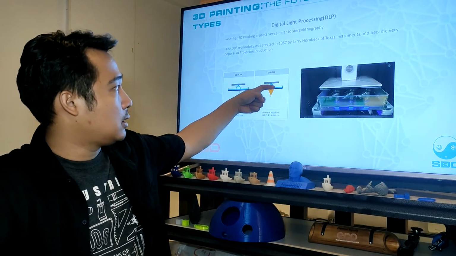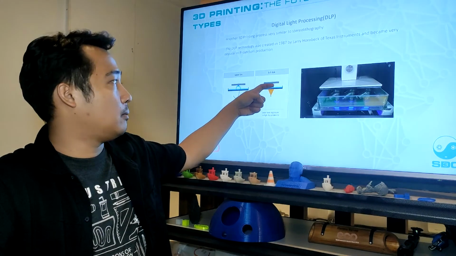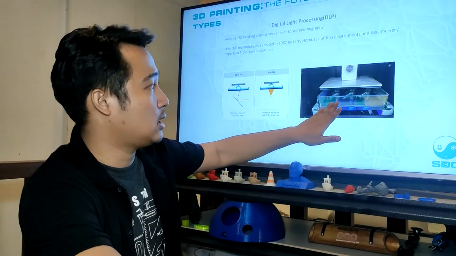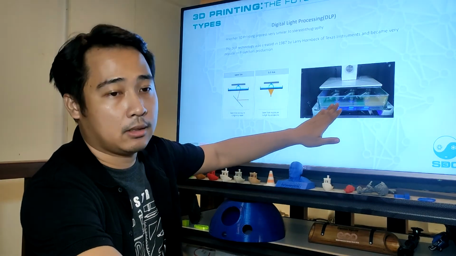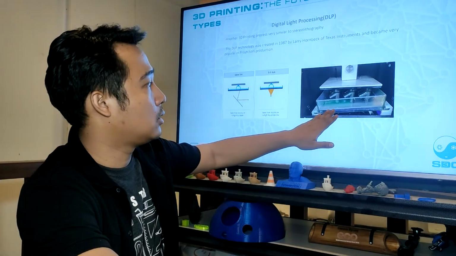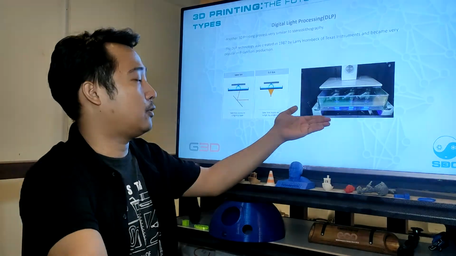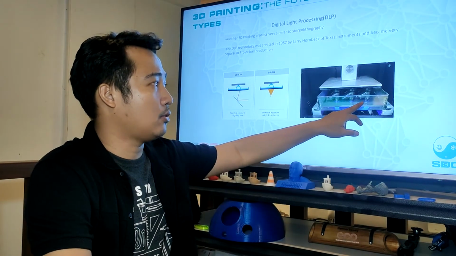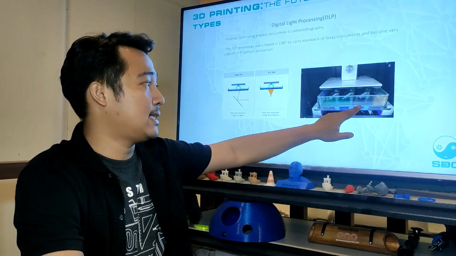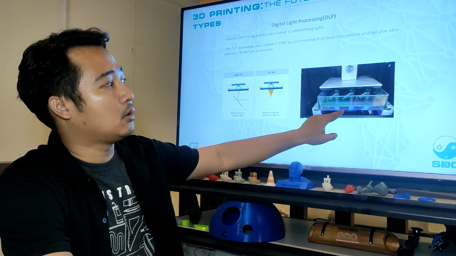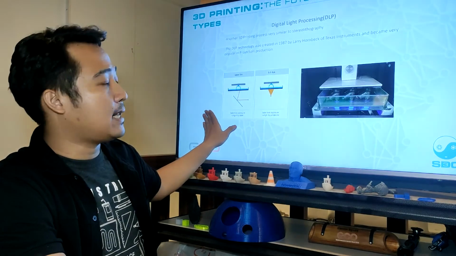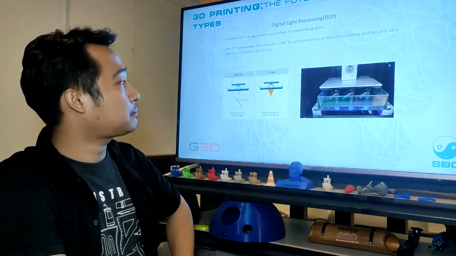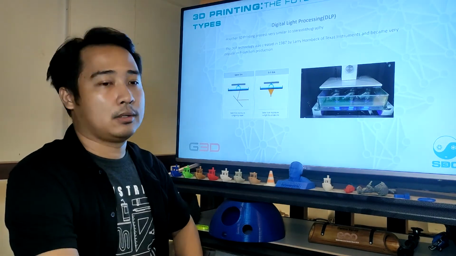Like in this one, you can cure the whole layer. As you can see in this picture or video, after it tilted, it will cure another layer after a few seconds of curing using a UV light. This is a DLP 3D printer. Another sample of SLA is a Formlabs 3D printer.